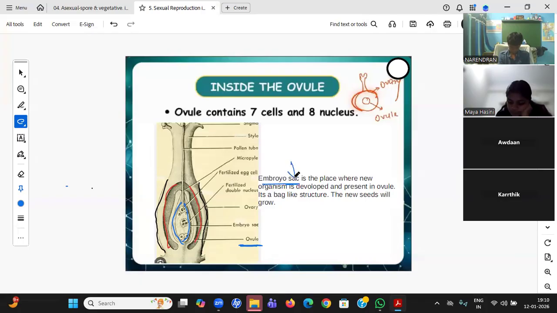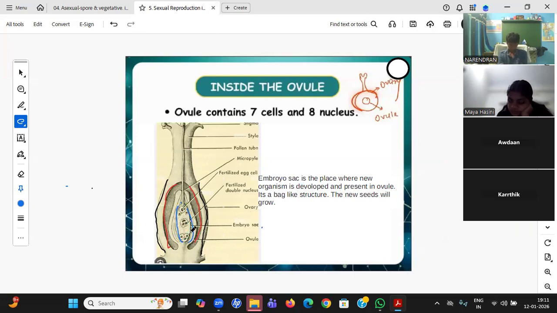Something like a packet. Something should hold that newly originating organism, the new seed, so that's the reason there is a sac. In the ovary we have the red color ovule, in the ovule the blue color embryo sac, and in the embryo sac we have all the cells. This is the classification.